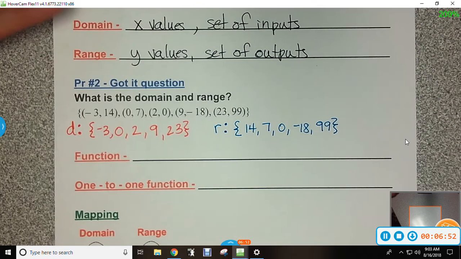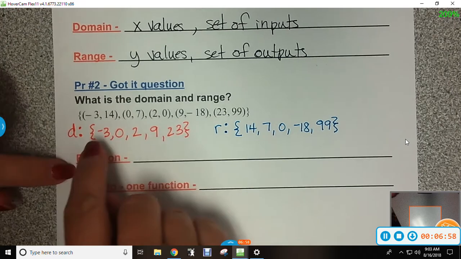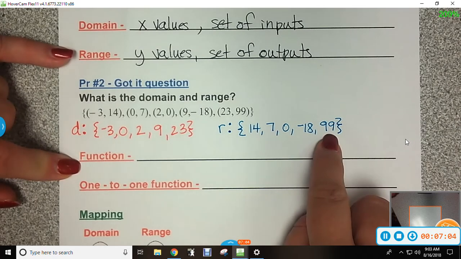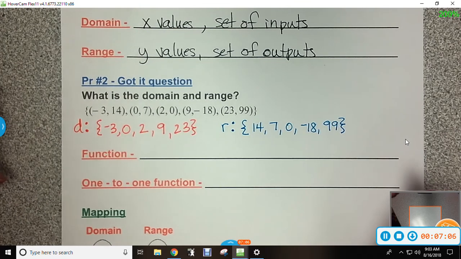Okay, sometimes your textbook will list those in numerical order, but it's not necessary. All of my x values were different. All of my y values were different. Occasionally, those will repeat. If you have one that repeats, you only have to list it once.